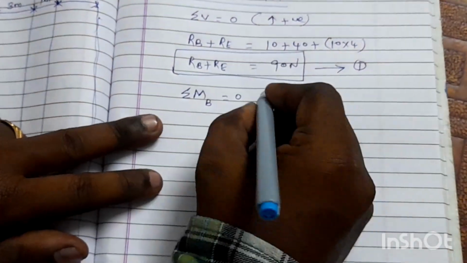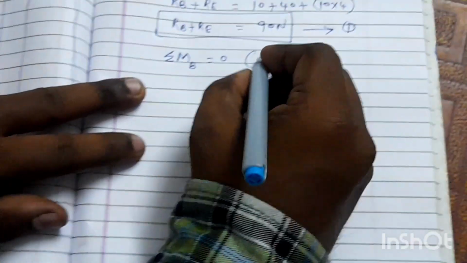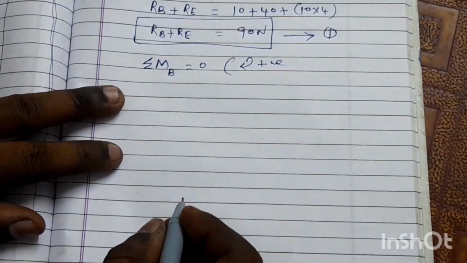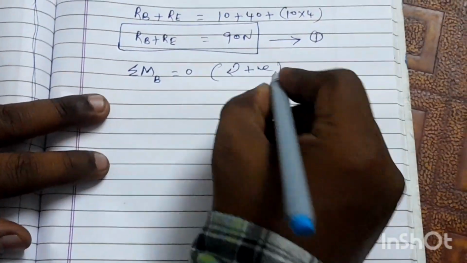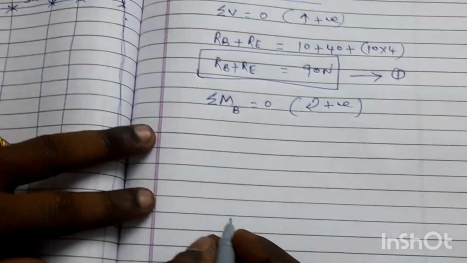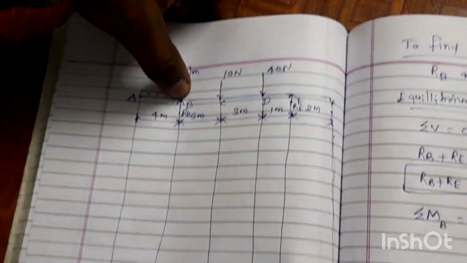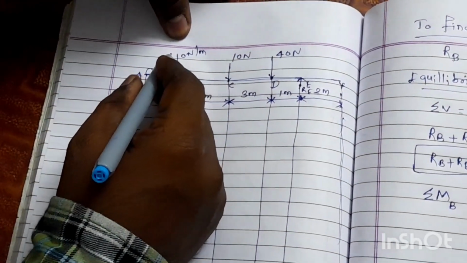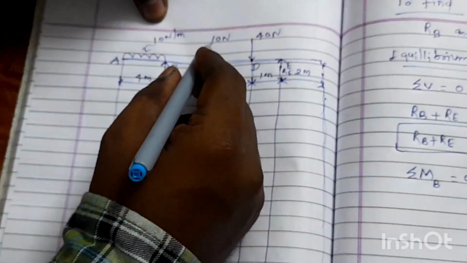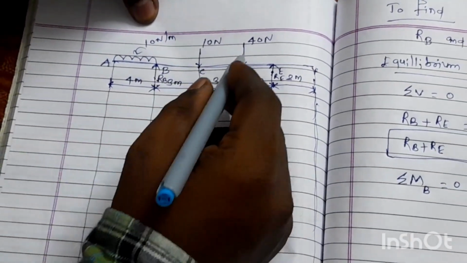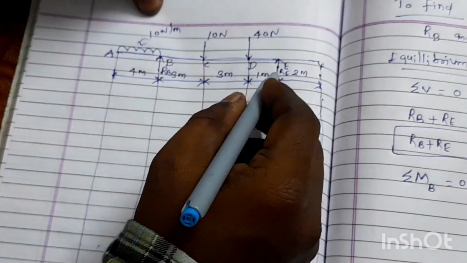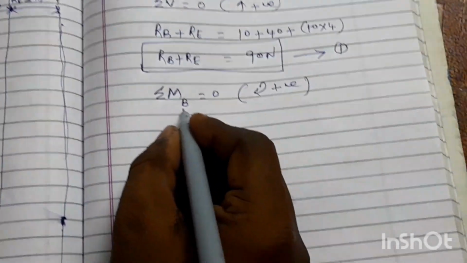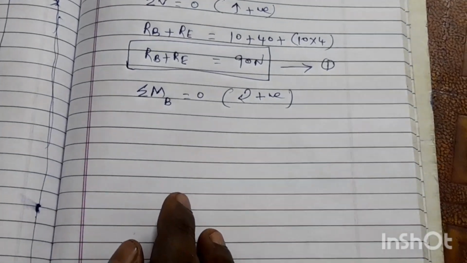For the sign convention, let's take clockwise as positive bending moment and anticlockwise as negative bending moment. Now all the forces should be taken about point B, so the UDL, the 10 Newton and the 40 Newton all travel to B, because I am taking the bending moment at point B equal to 0.